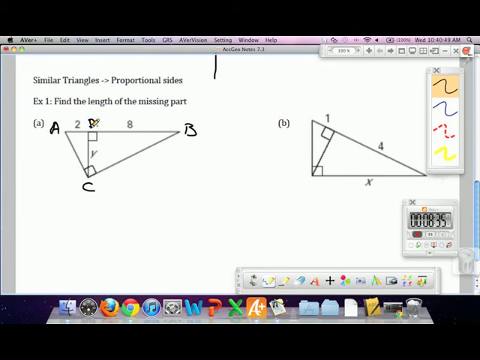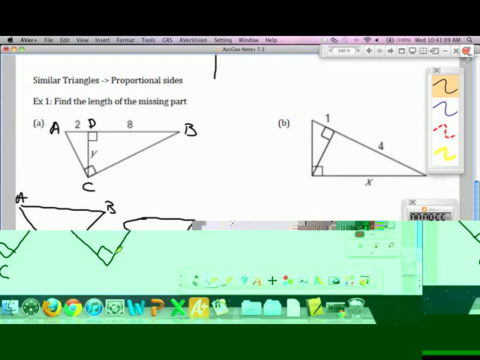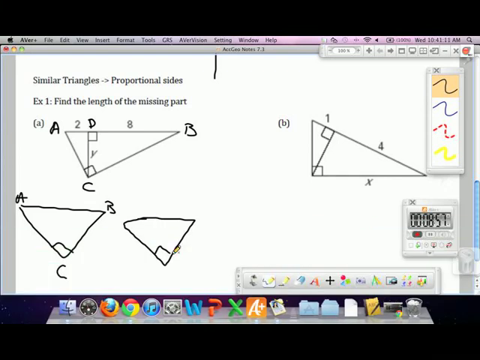I'm going to redraw my three triangles. I have A, B, C. And I'm going to fill in the things that I know. I'll go back and do that after. I want to get the triangles drawn. My middle-sized triangle, the right angle is D. B corresponds to B in both cases.